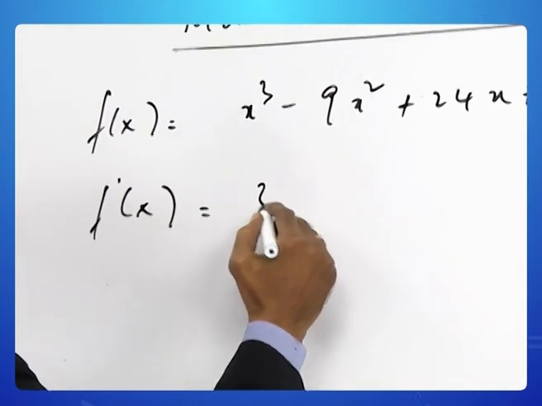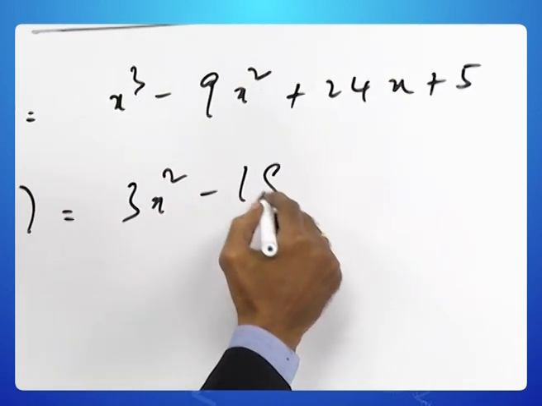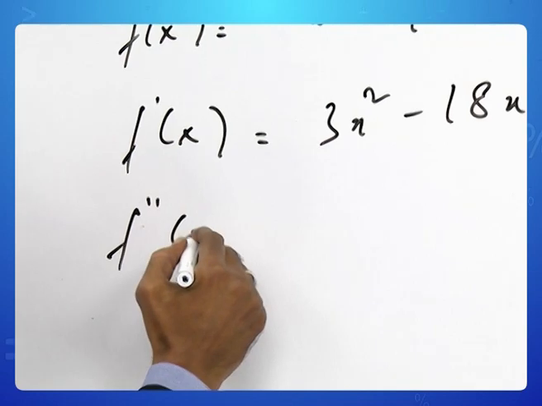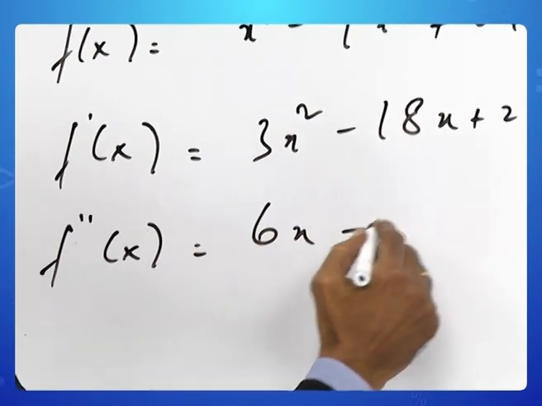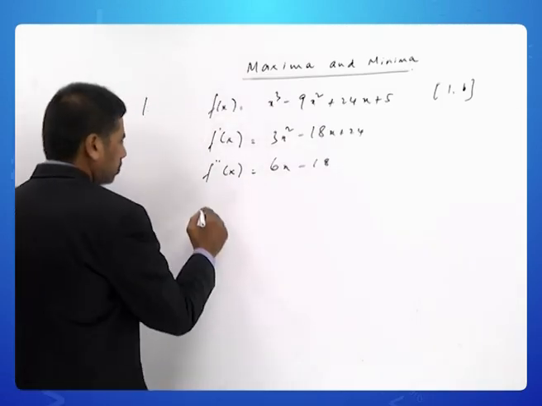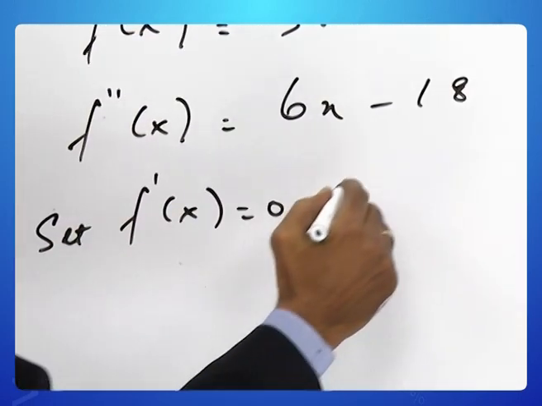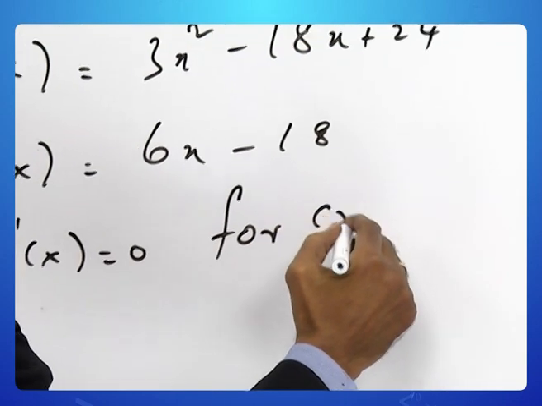So let's follow the systematic procedure. First take the first derivative and also the second derivative. You set f dash x is equal to 0 for critical points.